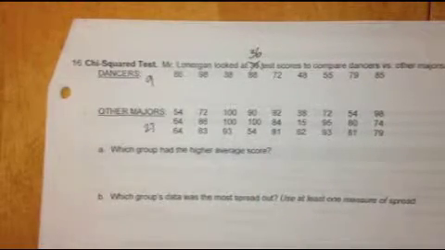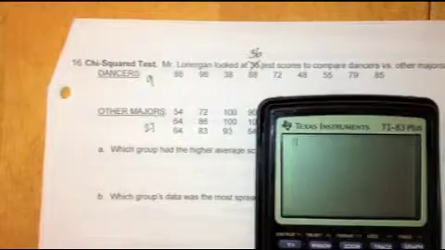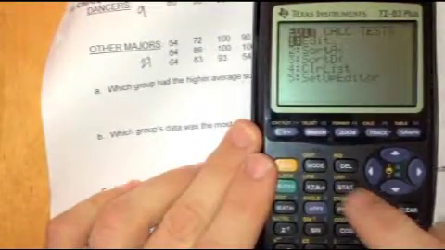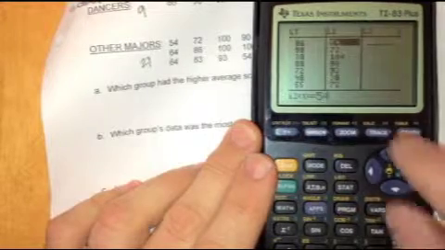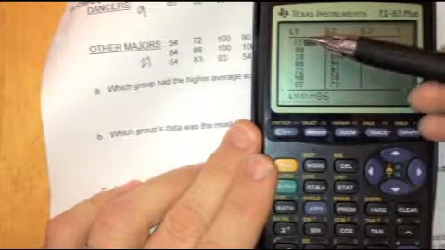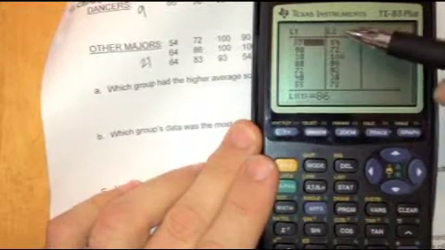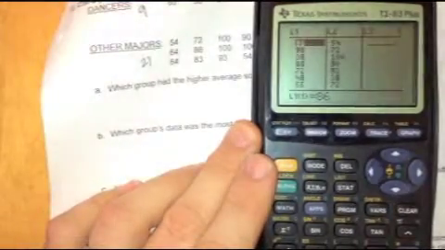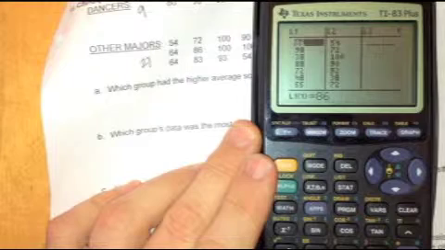Gosh, there's so many ways to do it. I believe in efficiency, so I like to enter the data in my calculator, stat, edit, and you can see I've already entered the dancer data in L1 and the other major data in L2. Let's focus on that for a second. Great.